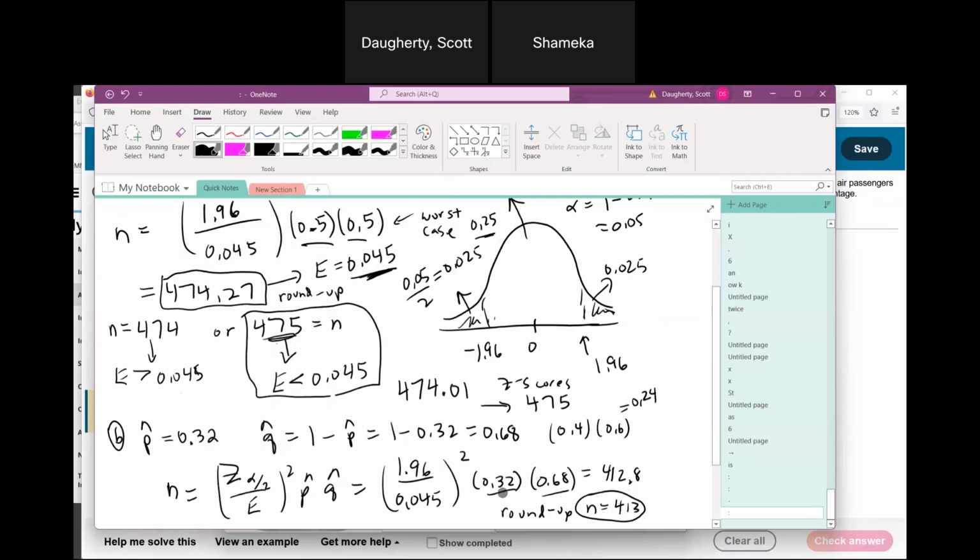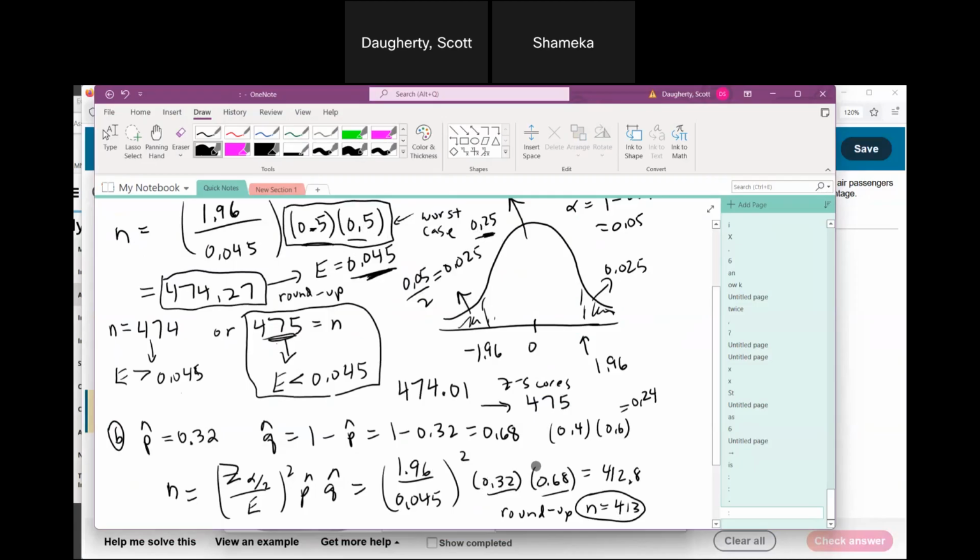So this is the largest this number will ever be, when they're both 0.5. You get 0.25. Anything less than that, like 0.4 and 0.6, would drive this number down, and that gives you a smaller sample size.